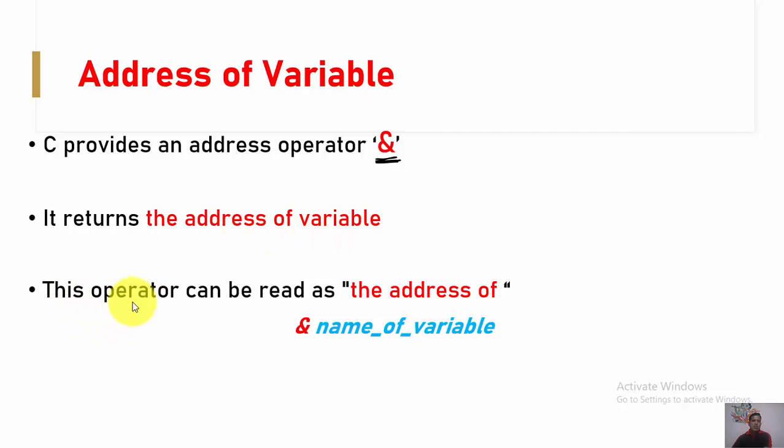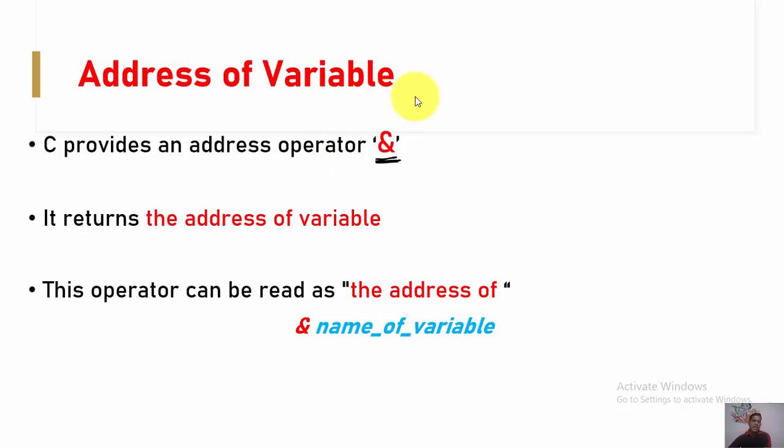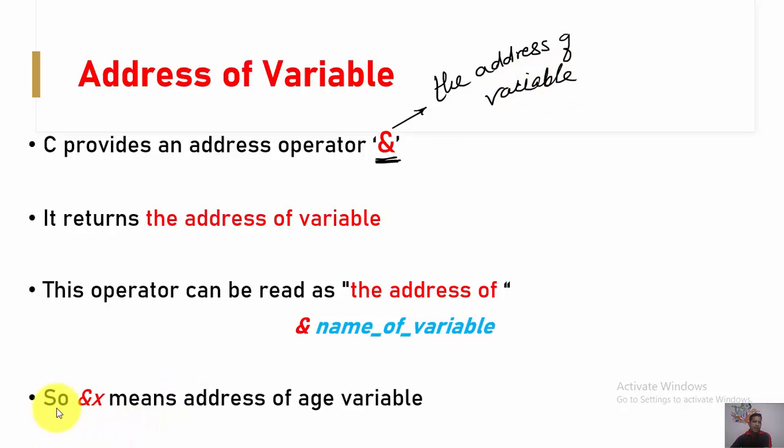So whenever this operator is read, it is read as the address of operator. As per our digital electronics, we say that this is the AND sign, but here we say this is simply the address of variable. In short, the moment we write ampersand x, it returns the address of variable x.